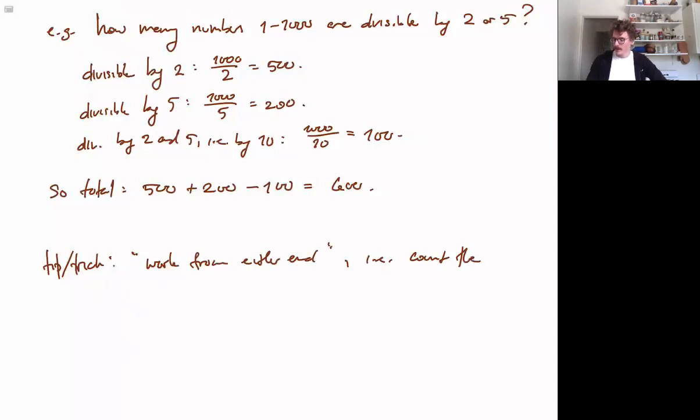But another idea is that you can count the complement, if you're working in a situation where this is something that's easier to count. So count the complement and subtract that from the sort of universal total.